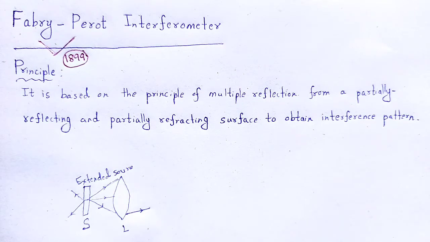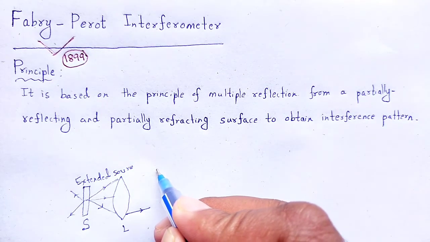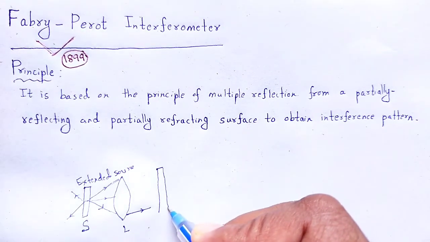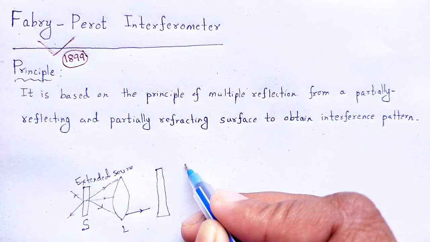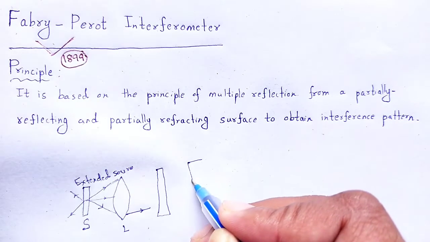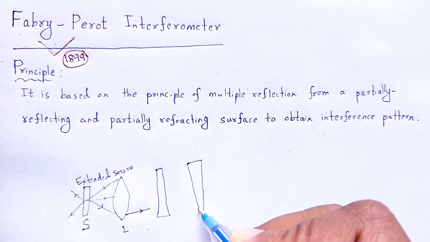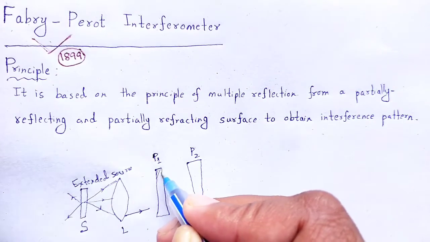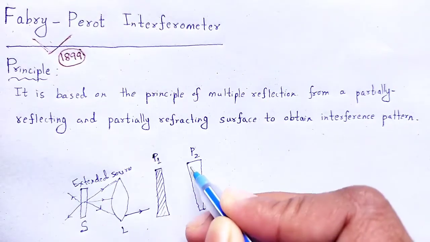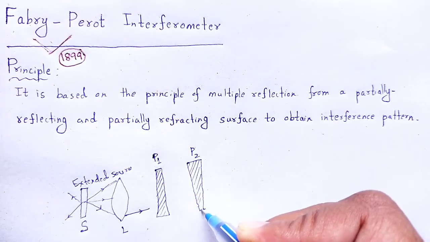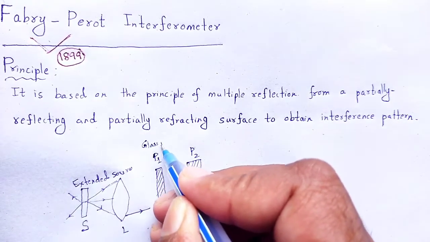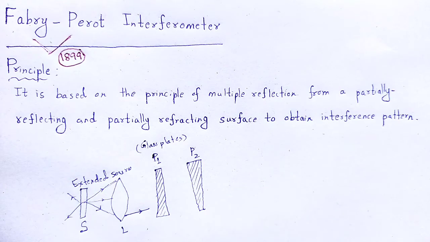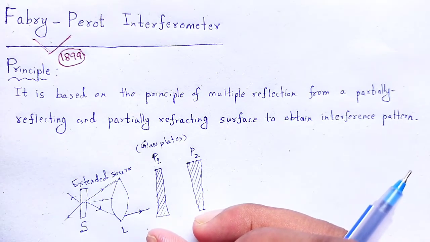Two glass plates named as P1 and P2 are arranged parallel to each other.